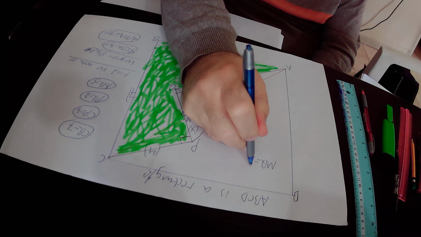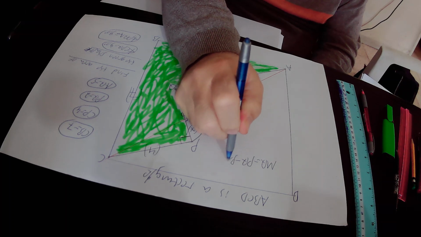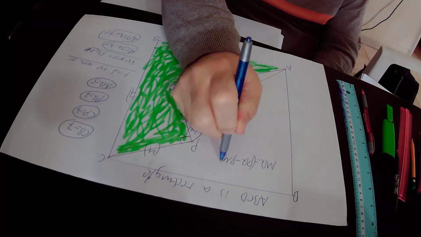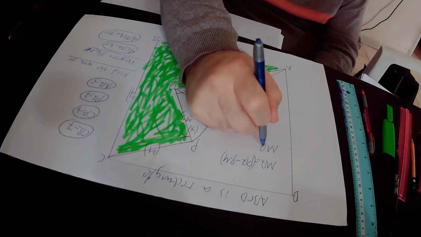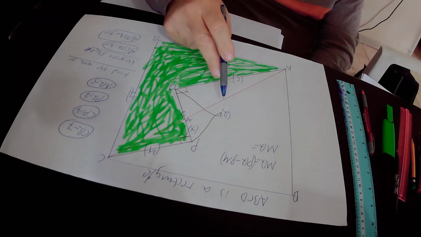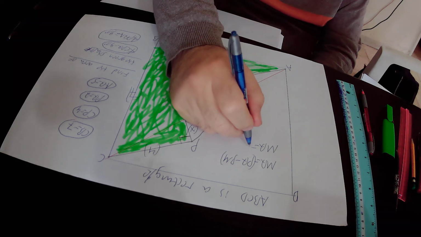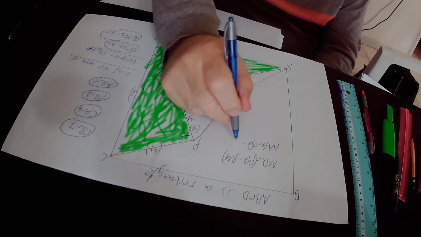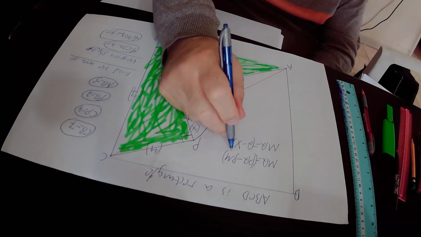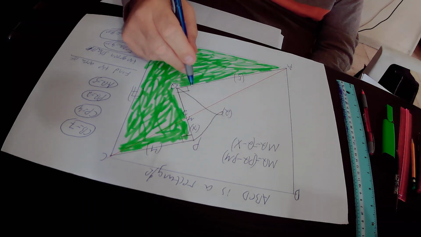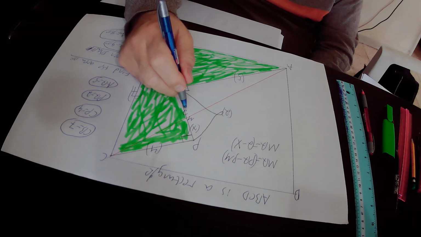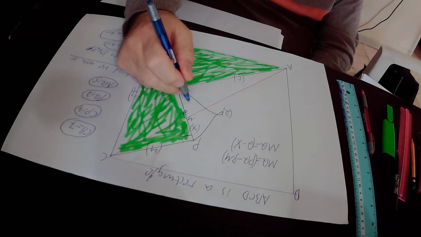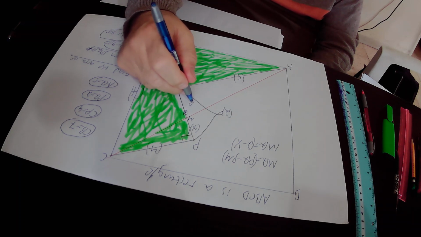MQ equals PQ, that is 2 according to what is given in the question, minus PM. PM is X according to our definition. So in total, MQ equals 2 minus X units in its length.